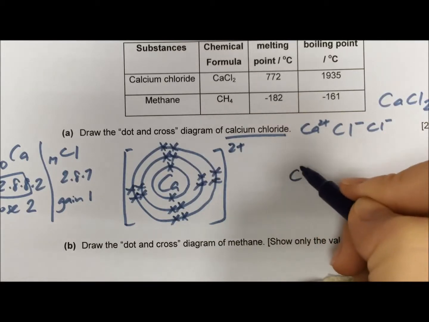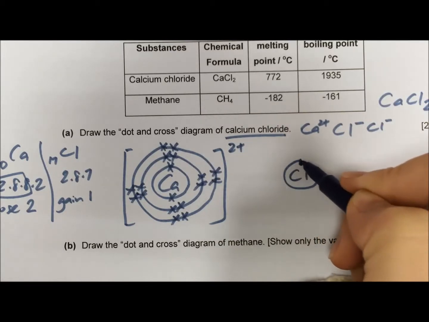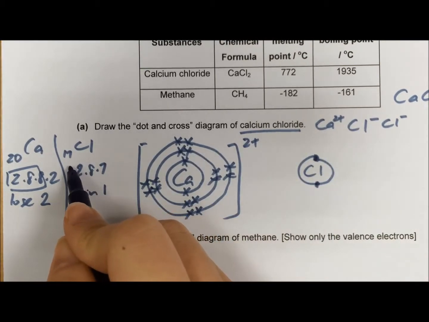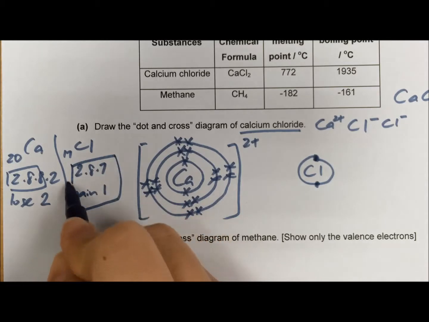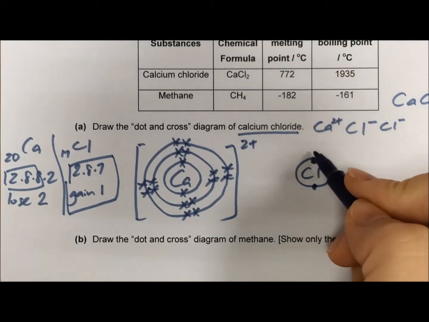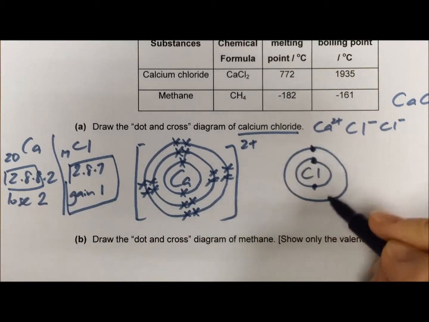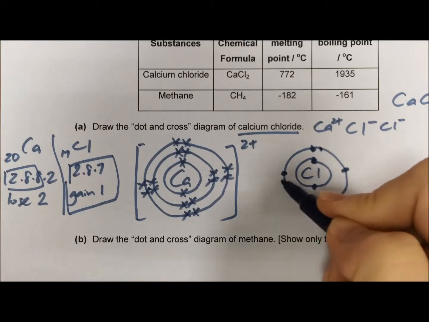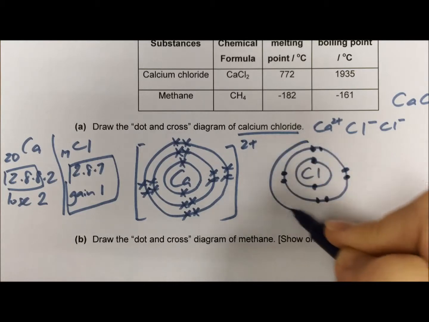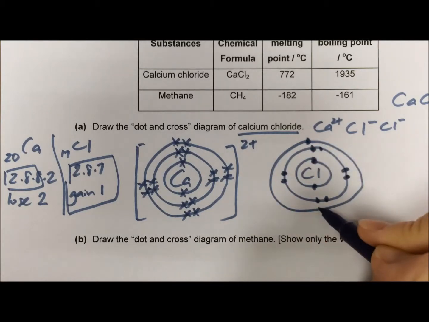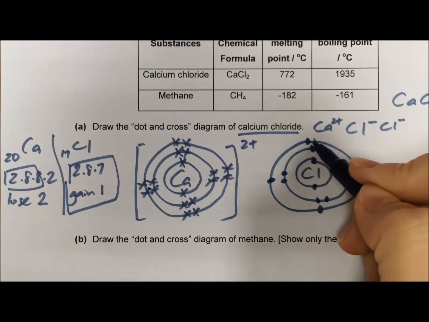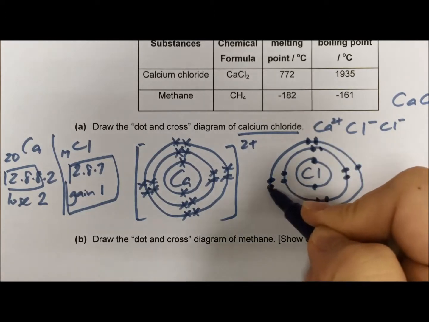So if we draw calcium with all cross, chlorine will all have dots first. So you draw 2.8.7 as dots, but the one that is gained will have to be in cross because it's gained from calcium.